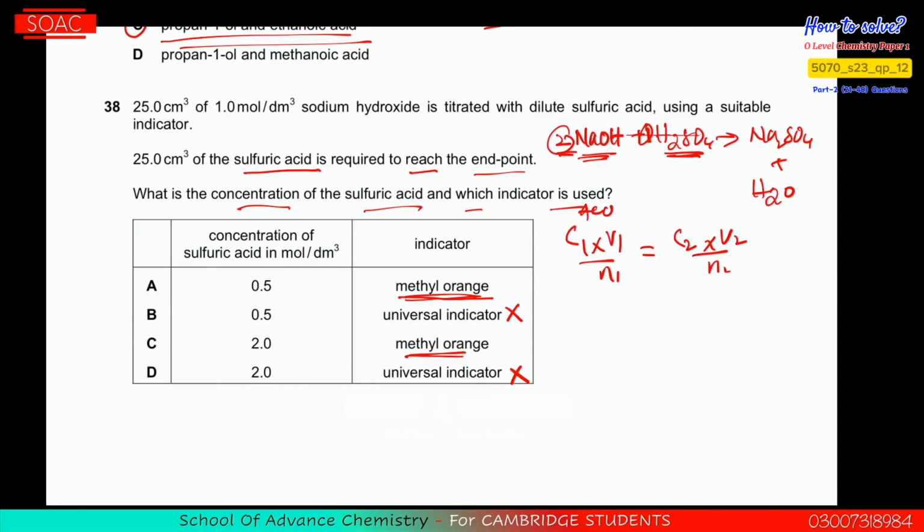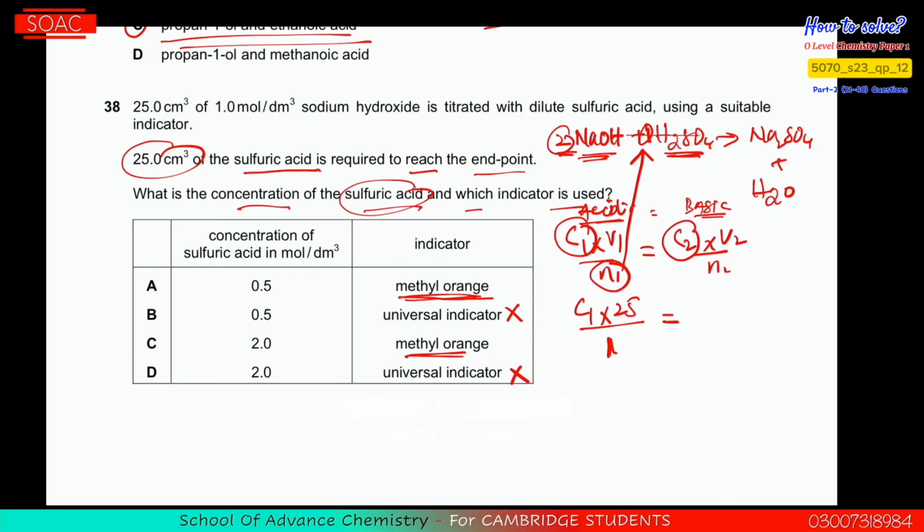Let's suppose this is the acidic portion and this is the basic or alkaline portion. We are supposed to find the concentration of acid, so C1 is to be calculated. C1 multiplied by the volume of acid, that is 25. N1 is the number of moles of acid from the balanced chemical equation, that is 1. C2 is the concentration of base, that is 1, multiplied by the volume of the base, sodium hydroxide, which is 25.